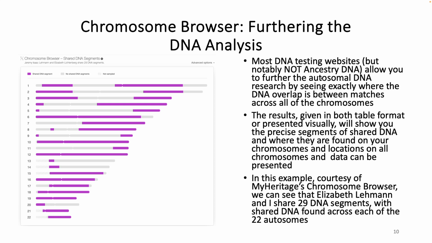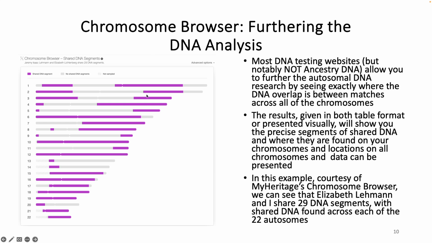Now, unfortunately, most DNA testing websites, but not AncestryDNA, and currently not 23andMe, but many DNA websites, especially MyHeritage or Family Tree DNA, allow you to further the autosomal DNA research by seeing exactly where the DNA overlap is between your matches and across all of the chromosomes. The results can be given in a table format, but can also be presented visually, like we see here off to the left.